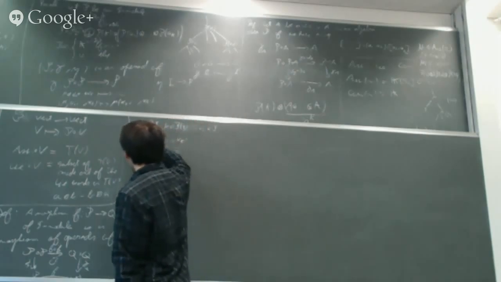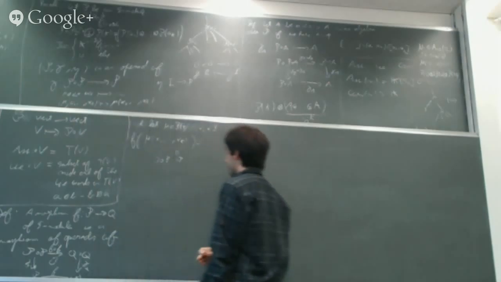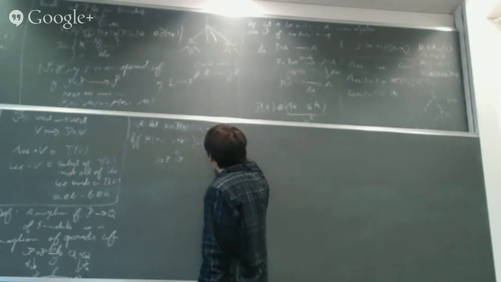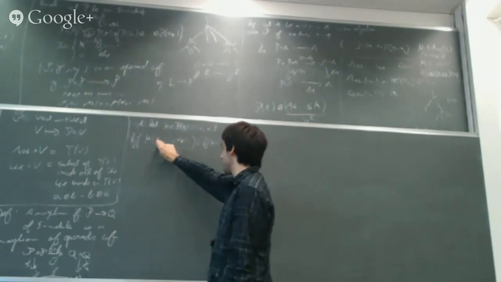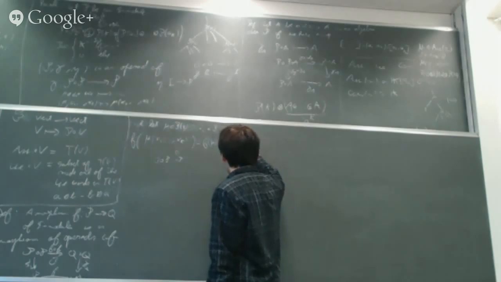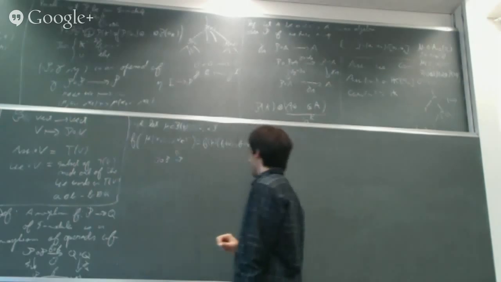What it tells you is that if you apply f to all of this, it's the thing that you would expect. It's the same as applying f to each one of the components. So f of alpha 1, f of alpha k.